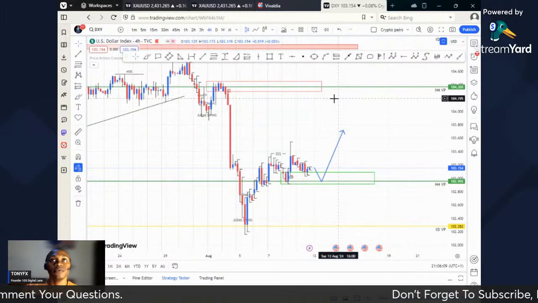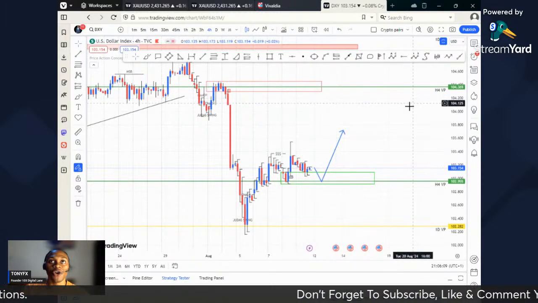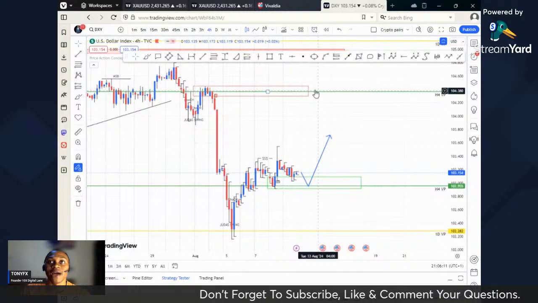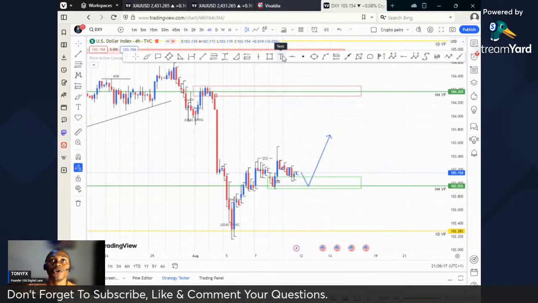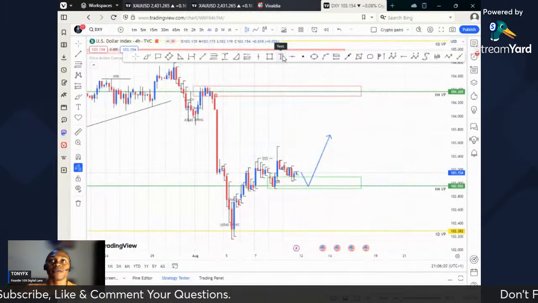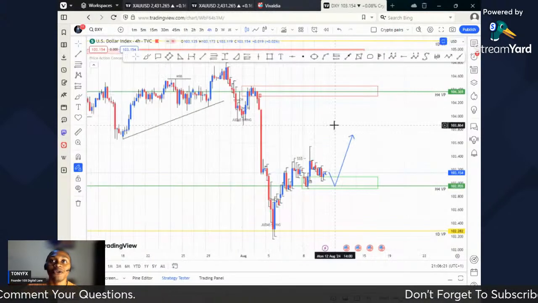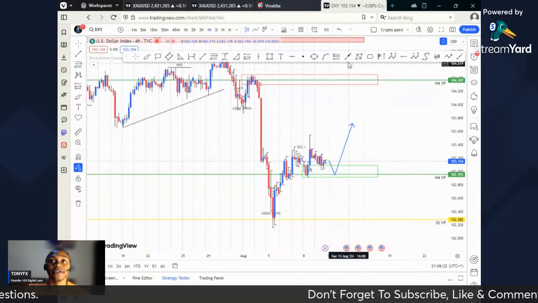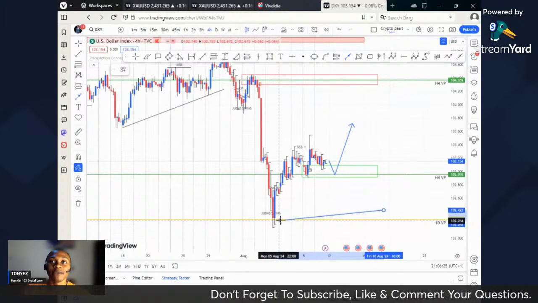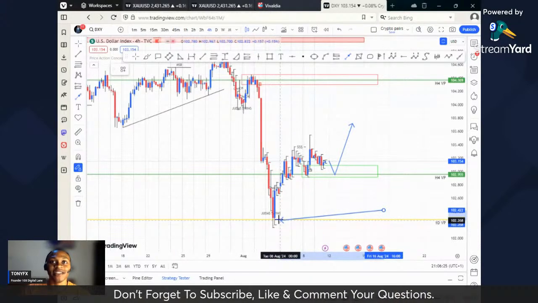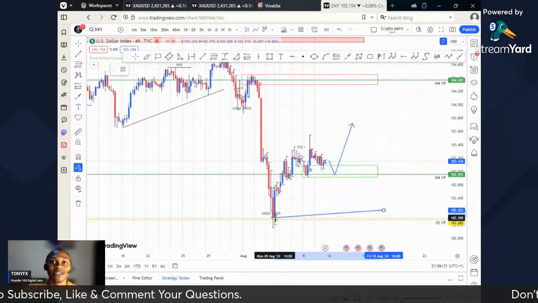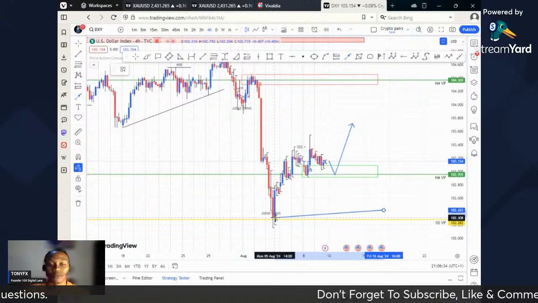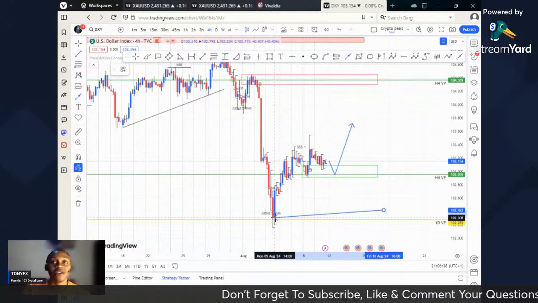What you're currently looking at is DXY, the strength of the dollar. From what we can see, DXY came towards this daily validation point, which was a demand zone, and got rejected from that daily validation point.